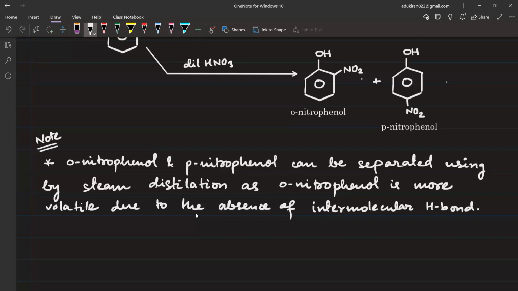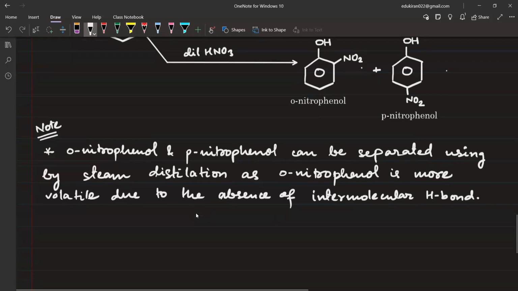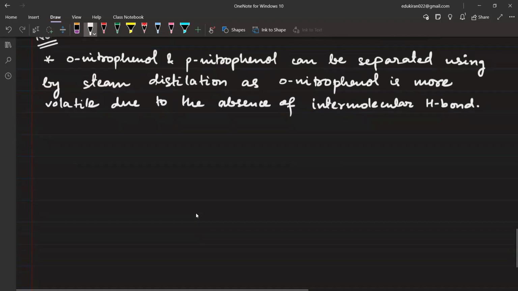O-nitrophenol is more volatile. That means that it is easily boiled. It can be boiled at lower temperature because it does not have intermolecular hydrogen bond. Now the issue is that O-nitrophenol has hydrogen bonding, but it is intramolecular.